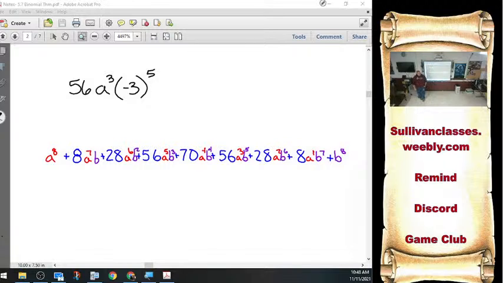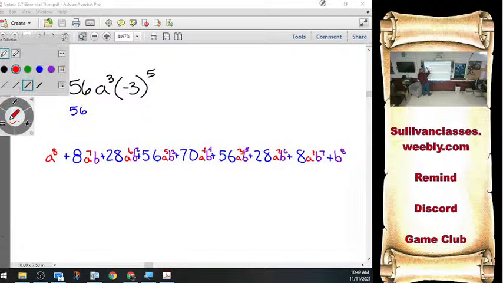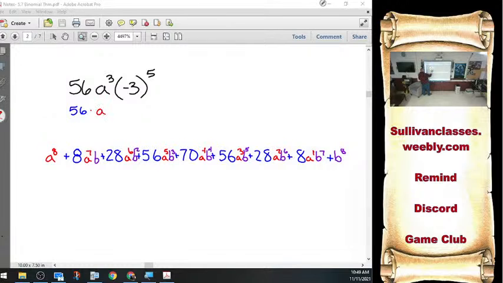Do you remember your order of operations? PEMDAS, please execute my deranged adolescent sister. Parentheses come first. I don't have parentheses that I can simplify. Do I have exponents that I can simplify? Yes. So then I would turn that into my coefficient piece, my A term piece, and my B term piece.